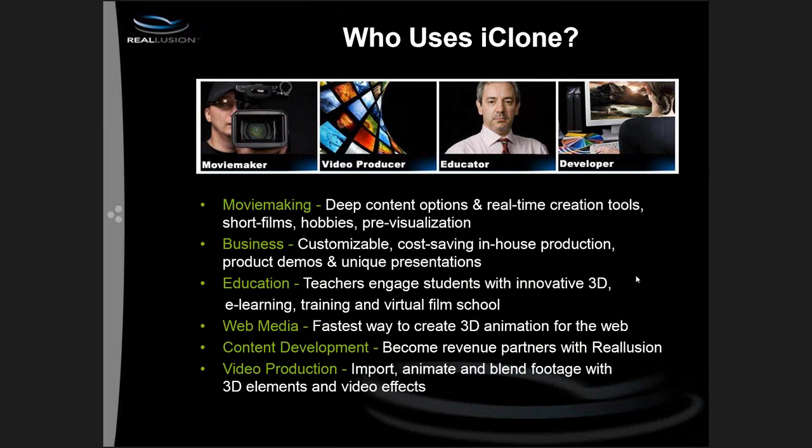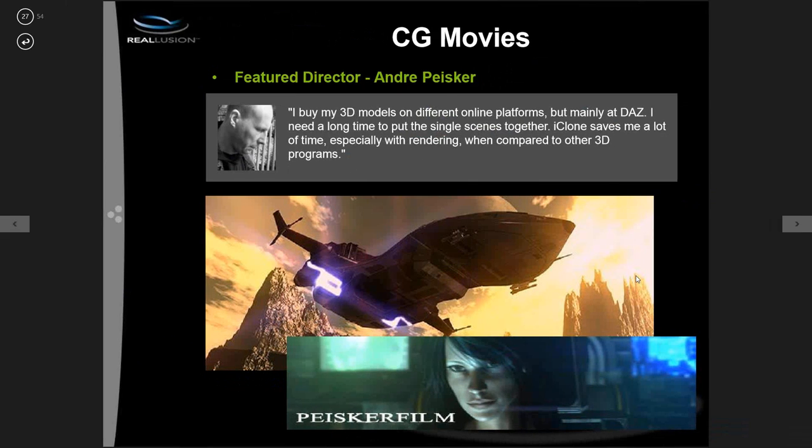We have a lot of teachers who use it around the world to introduce their students to 3D animation and 2D animation in the case of Crazy Talk Animator. Web media as well. You can create 3D animation for the web really fast. Content development, so you can create, buy and sell your own content in our marketplace and content store, which I can show you later as well. And then video production, basically.